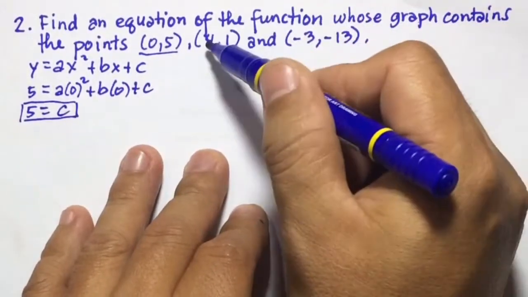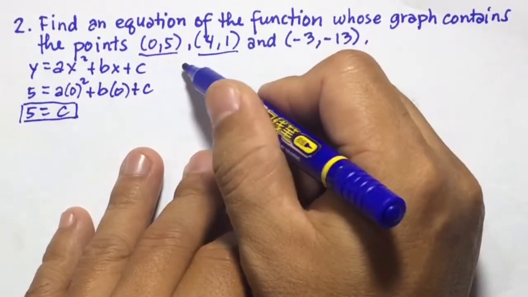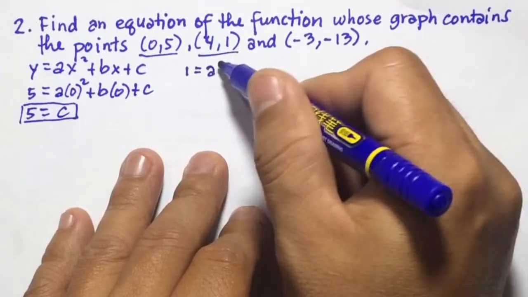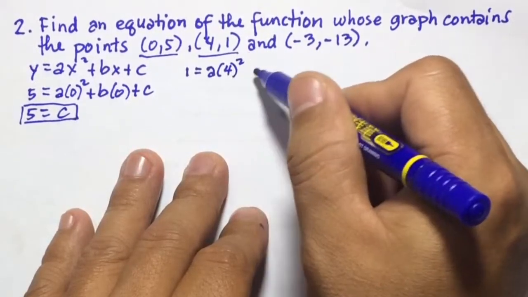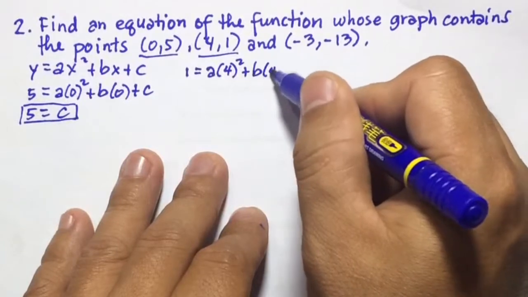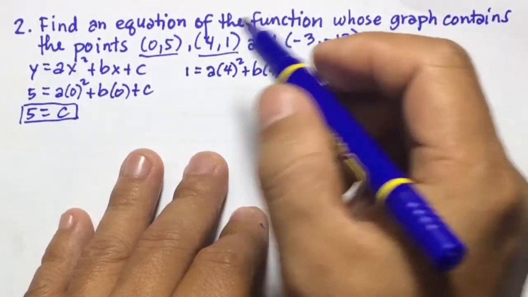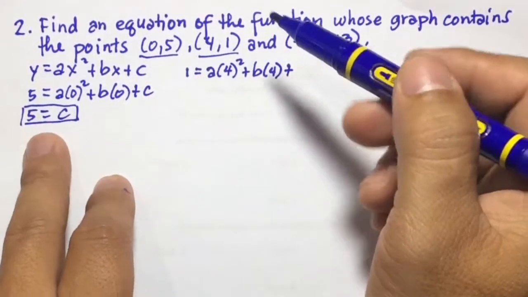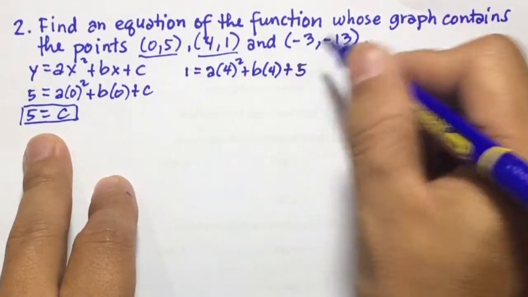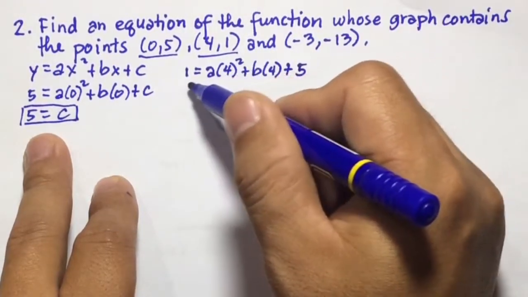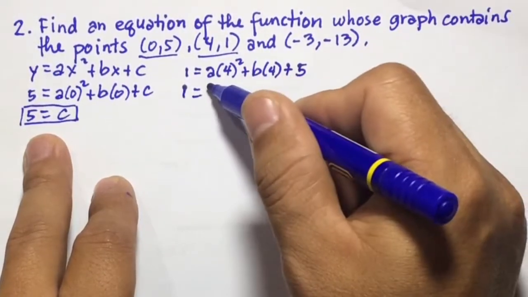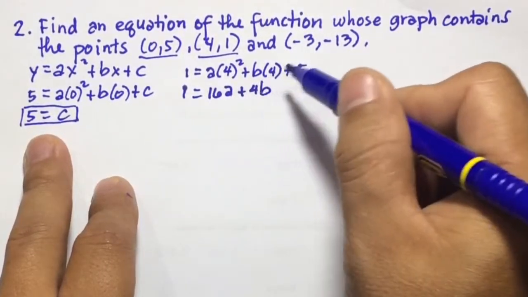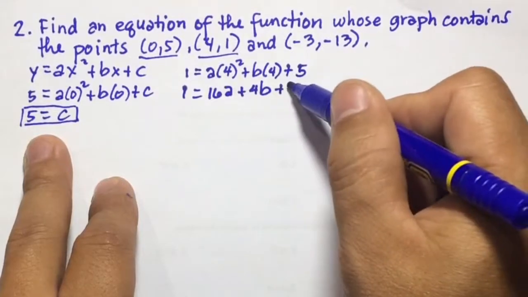Then for the second point, (4, 1), y is 1, so 1 equals a times 4 squared plus b times 4 plus, we can directly use the value of c equals 5, so plus 5. Then 4 squared is 16, so we have 1 equals 16a plus 4b, then plus 5.